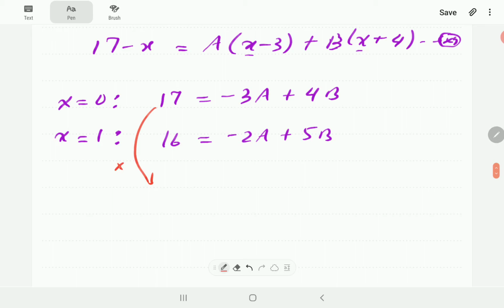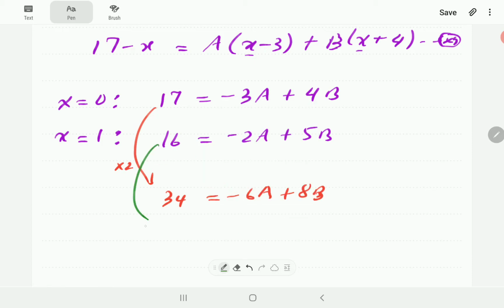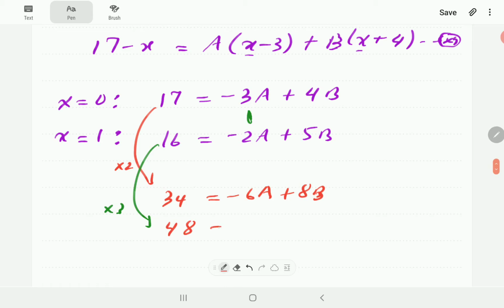So multiply this one by 2, going to have 34 is equal to negative 6a plus 8b, and then multiply this one by 3. So basically we just do cross multiplication of these two numbers. So if we multiply this one by 3, we are going to have here 48. This is going to be minus 6a plus 15b.